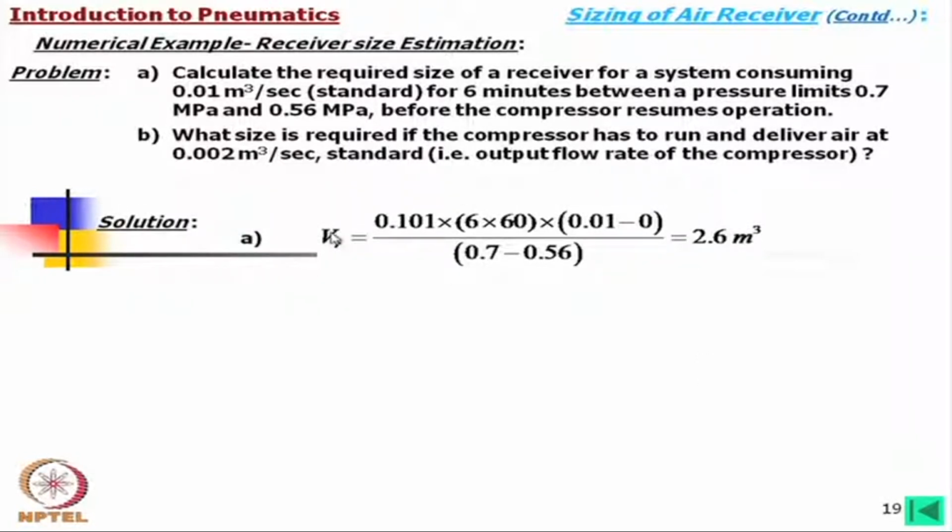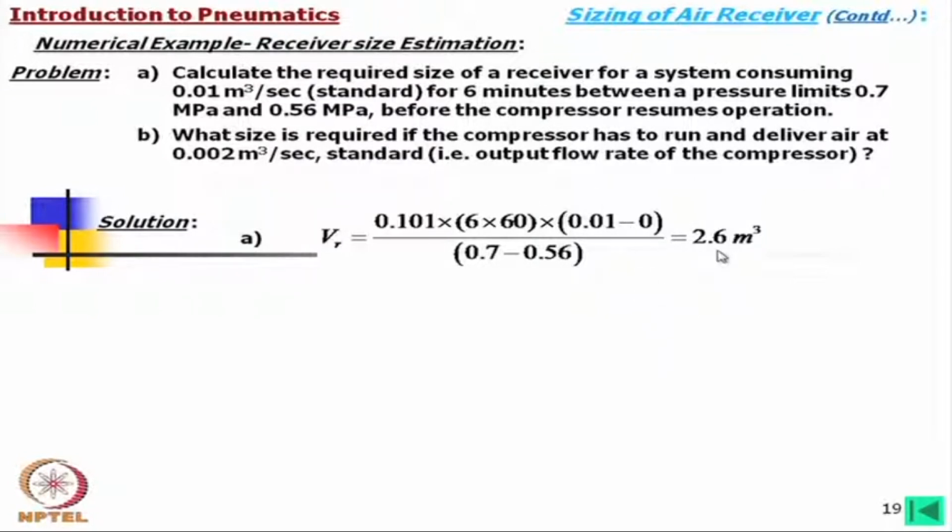Now, to calculate this, we consider this is the pressure and this is the 6 minutes time, which is in seconds, and this is the difference of pressure here, and this is the difference in flow capacity.